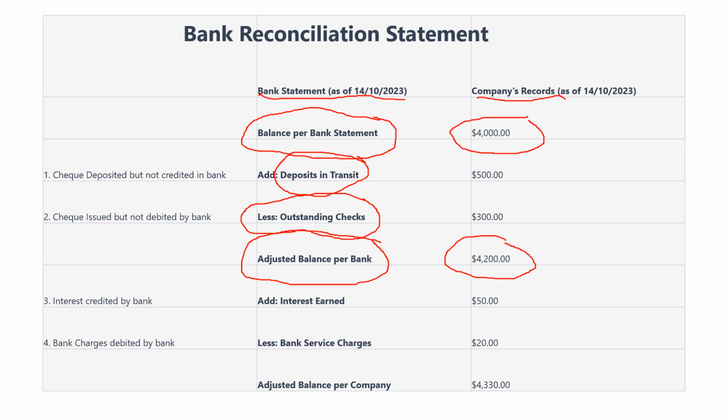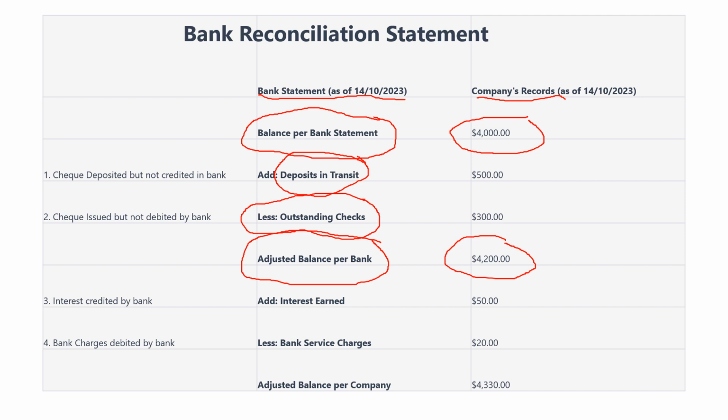Now there are two other entries. For the first two examples, the company knows what they have done. But when interest is credited by the bank, you don't know until you get the bank statement. That means you have not yet recorded your interest for a particular period, right?